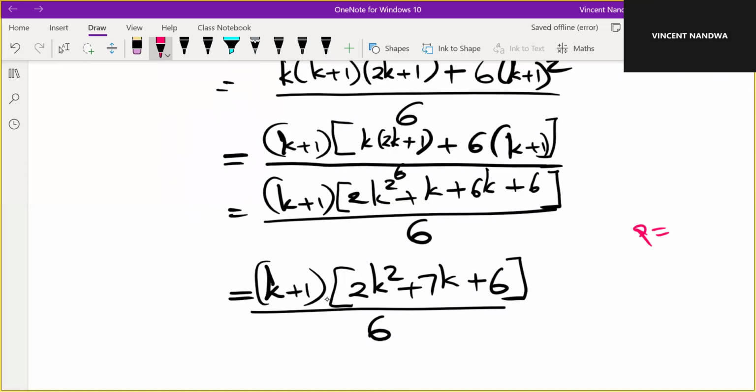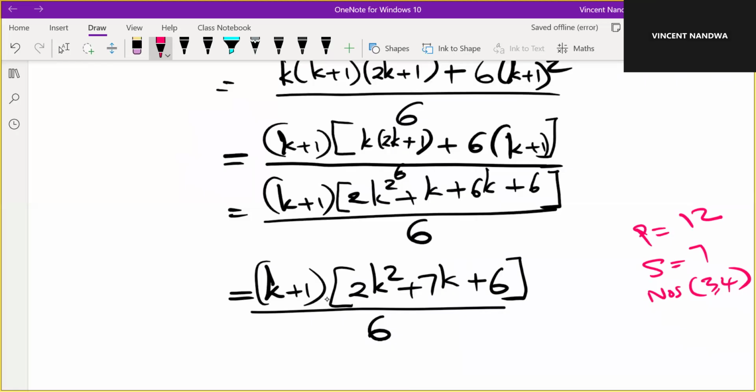2 times 6, which is 12. Sum, 7. We need numbers whose product is 12 and sum is 7: 3 and 4.